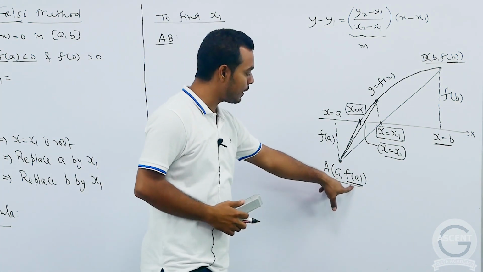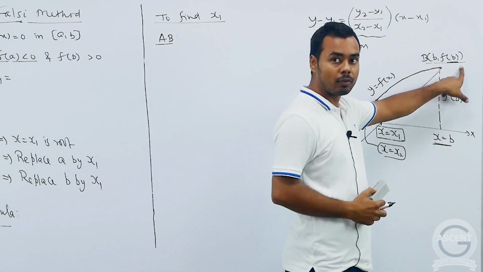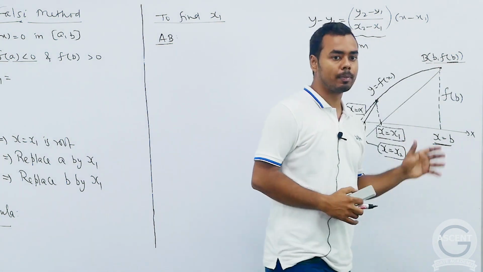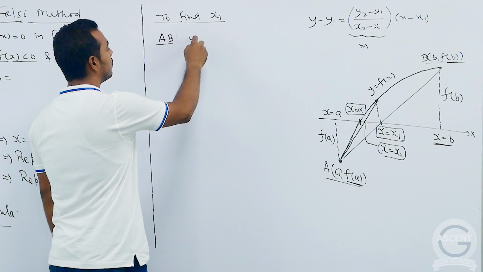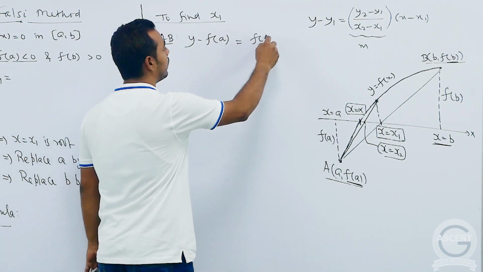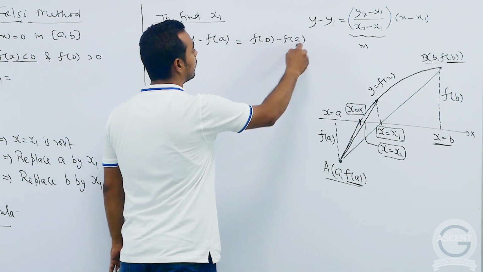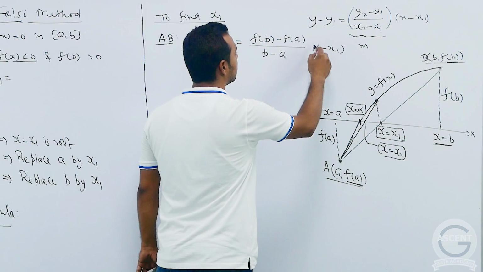One point is a, f of a, this is x1, y1, and another point is b, f of b, this is x2, y2. So the equation of the line AB will be y minus y1 equals y2 minus y1 by x2 minus x1 into x minus x1.